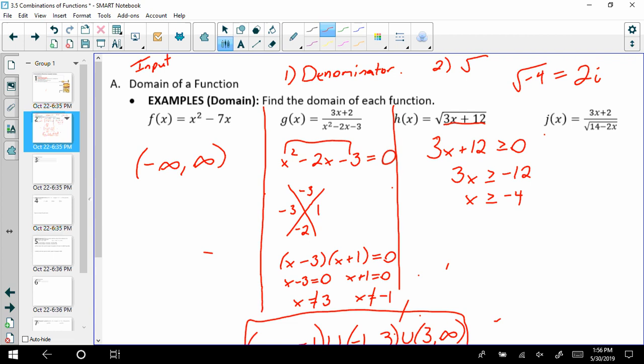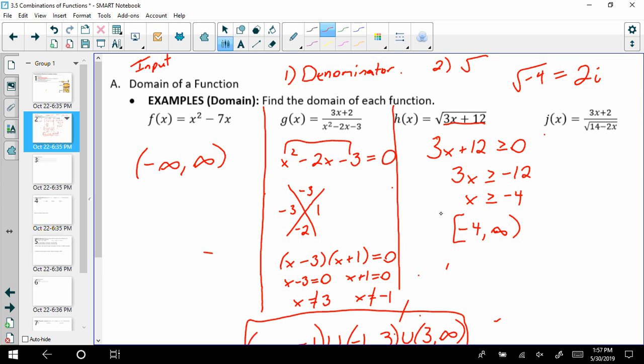So if I turn that into interval notation, greater than or equal to -4, I want anything bigger than -4. And I'd want to use a bracket, because if I plug -4 in, I'd get -12 plus 12, which is 0, and I can take the square root of 0.